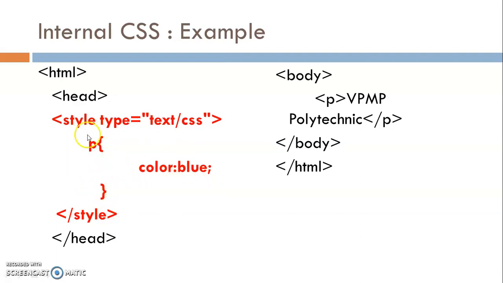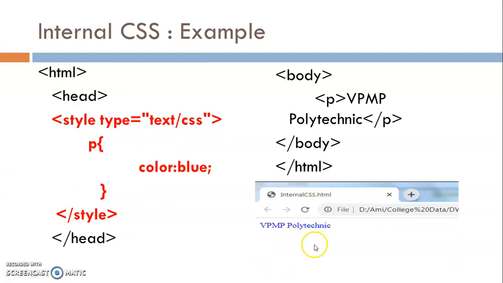So in this case, P is a selector, color is a property name, then colon, and blue is a value. So when this code is run in browser window, then it displays like this. VPMP Polytechnic means paragraph tag is displayed in blue color.